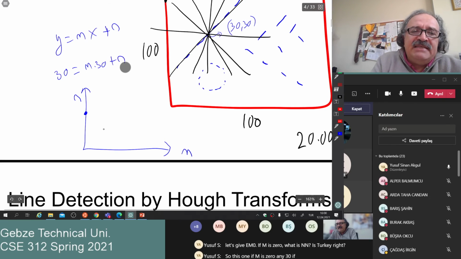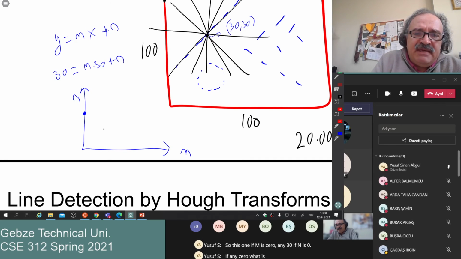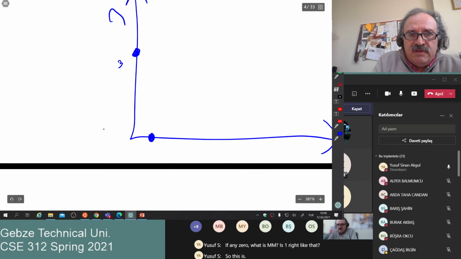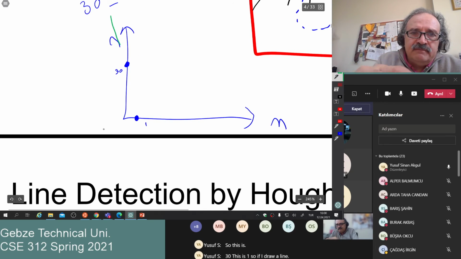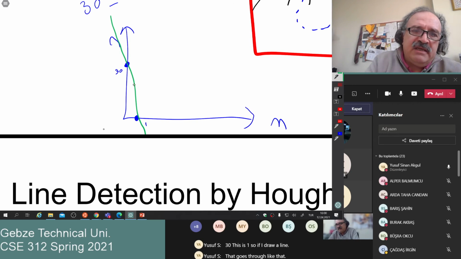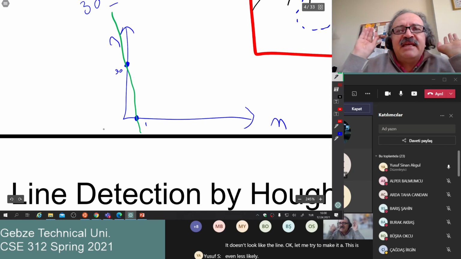If N is 0, what is M? M is 1, right? Like that. So this is 30, this is 1. So if I draw a line that goes through like that, it doesn't look like a line. Let me try to make it better. This is the best I can do, sorry.